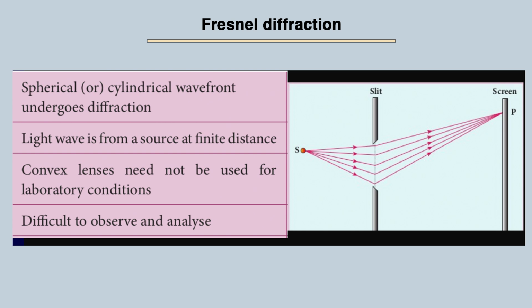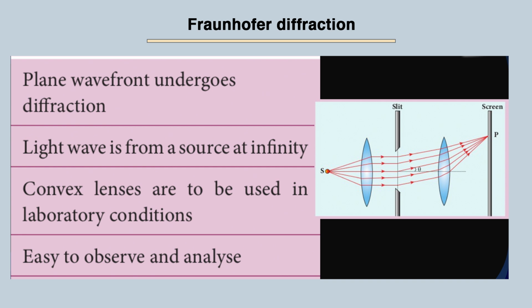The second type of diffraction is the Fraunhofer diffraction, where a plane wave front undergoes diffraction, and in order to get a plane wave front, the light source must be at infinity.